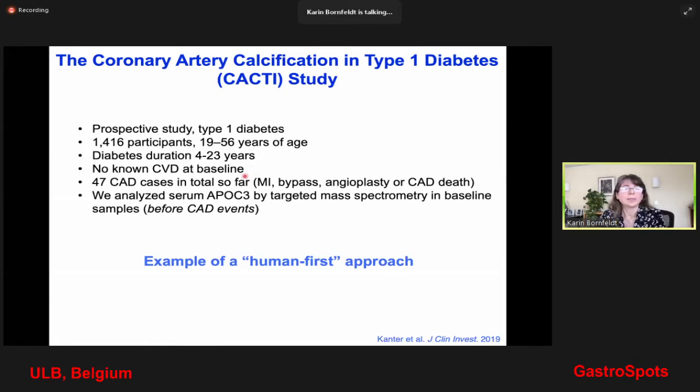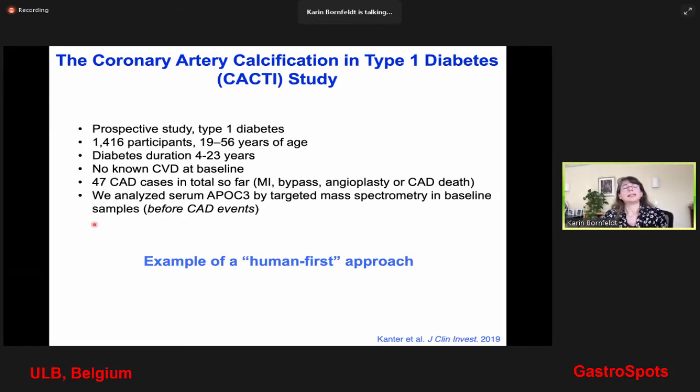So what we did was to first identify all coronary artery disease cases in total in the CACTI study. And that was defined as a myocardial infarction, bypass surgery, angioplasty, or CAD death based on medical records. And we found 47 CAD cases in CACTI so far when we initiated this study.